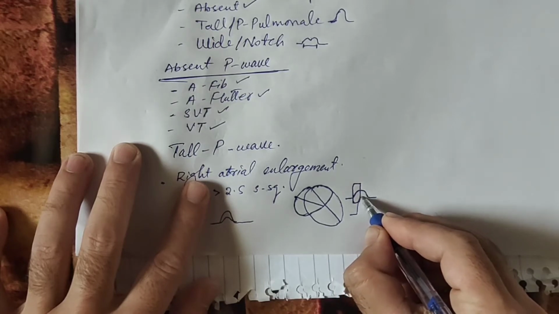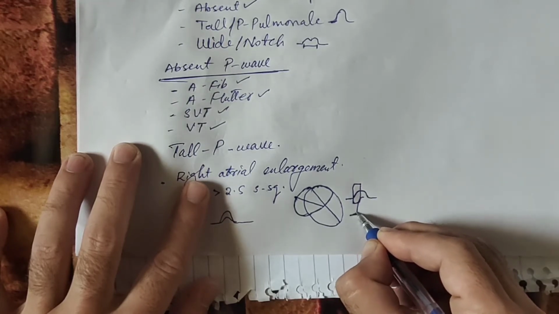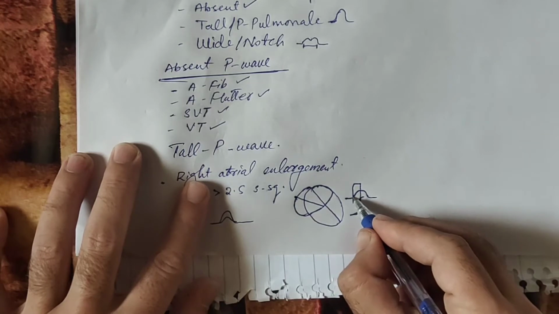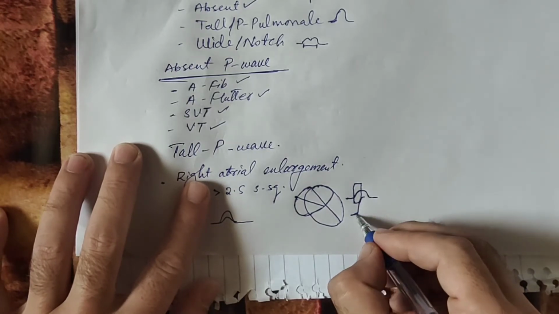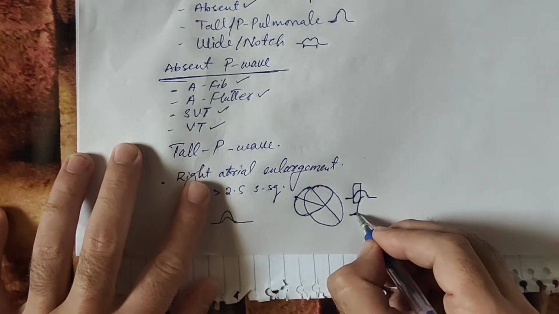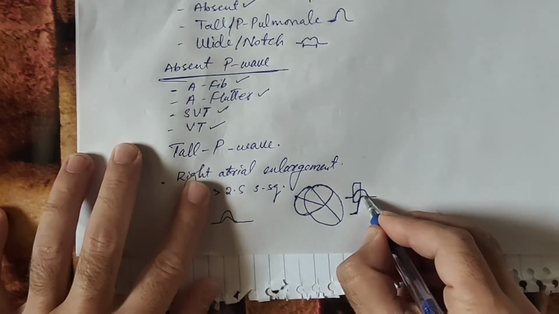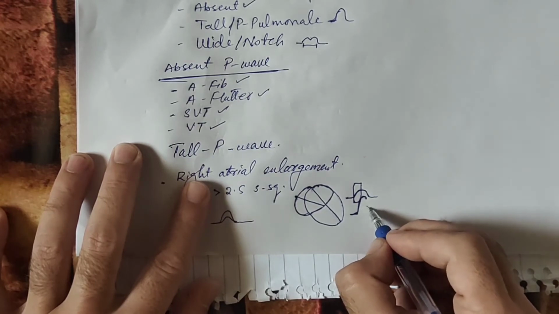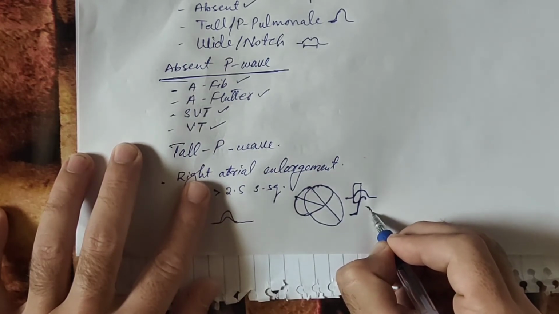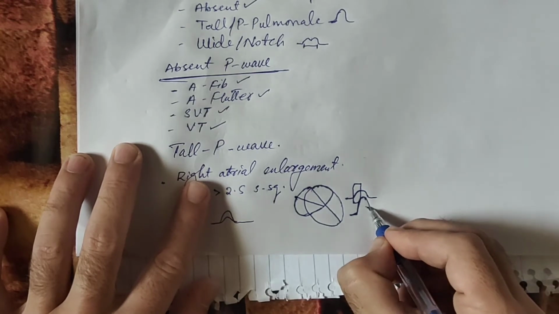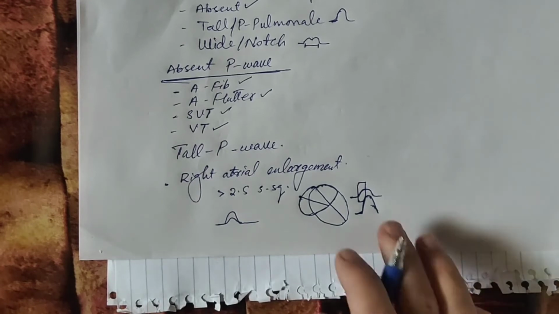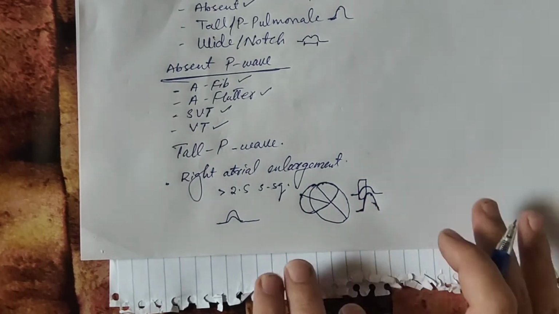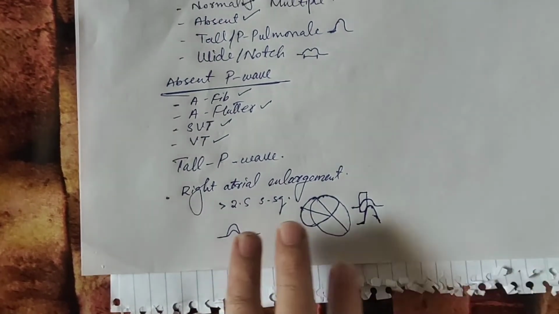It will move because depolarization takes time. Here is normal, about 2.5 small squares. When there is an abnormality, right atrial enlargement, there will be a large P-wave. The left atrial depolarization remains the same, so we have a tall P-wave formed. In which cases?